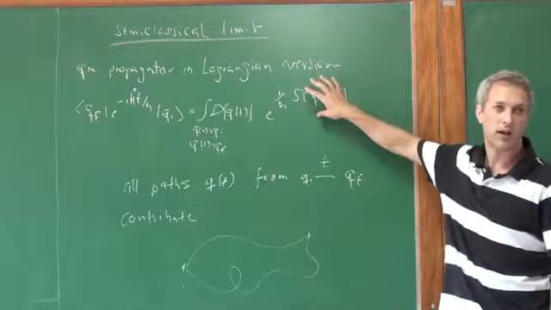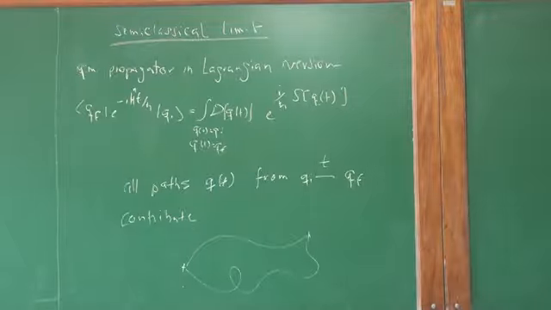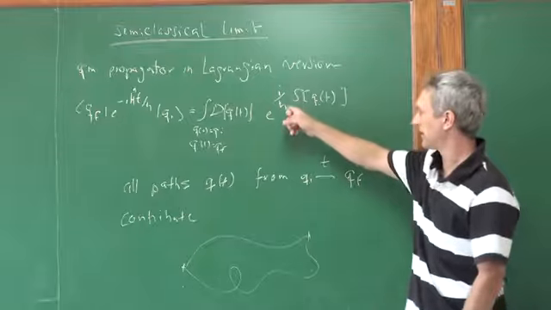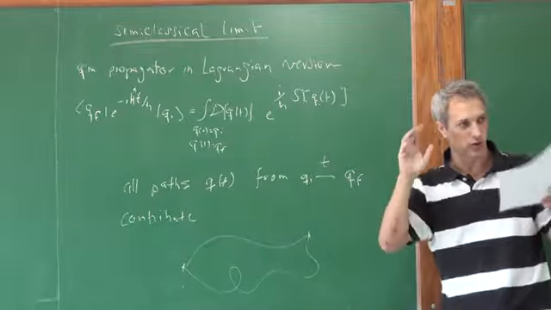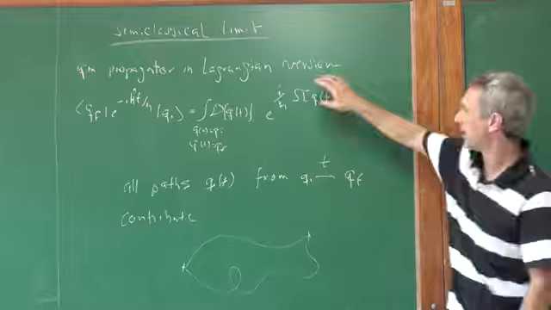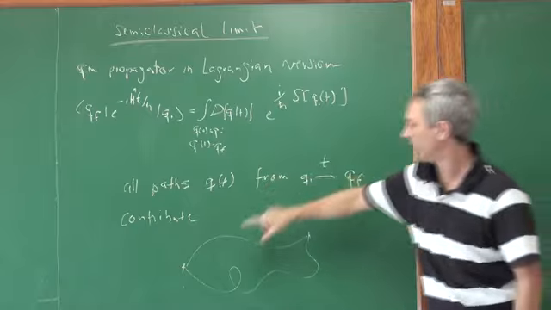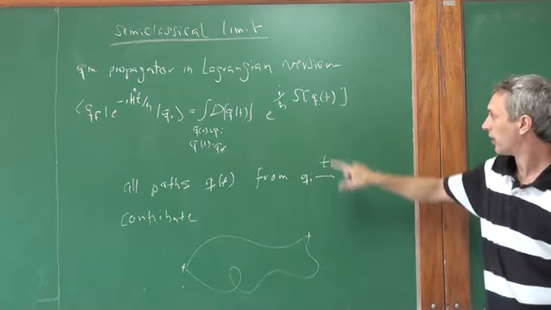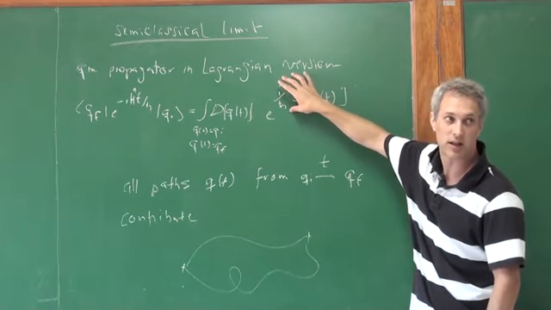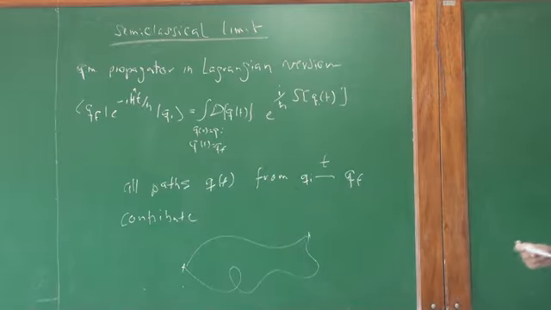This is the question we want to ask. We will always talk about the semi-classical limit as a limit of h bar going to 0, but this just means that the typical action scale associated with the typical path we're interested in is much larger than h bar. So it's a classical action scale.